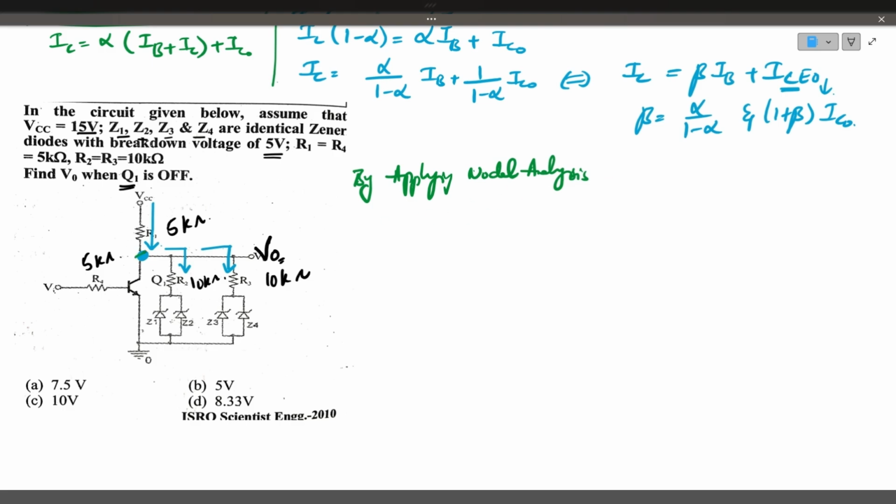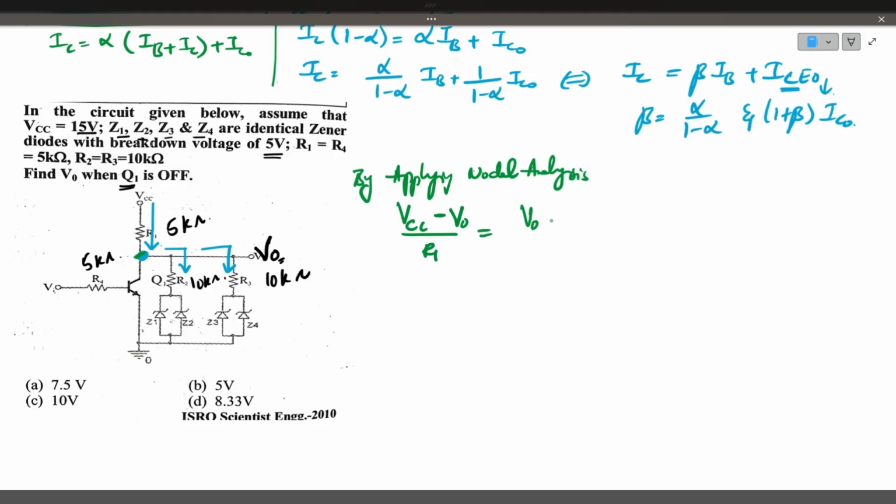Here at this point, at the collector point, you will get (VCC minus V naught) divided by R1. That is the incoming current, which is equal to the outgoing currents.